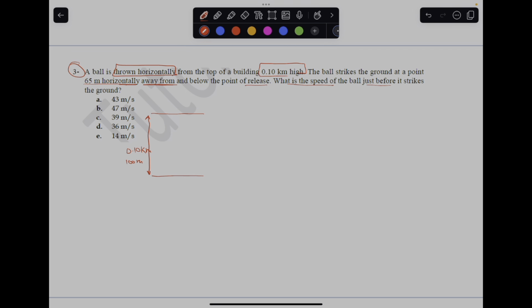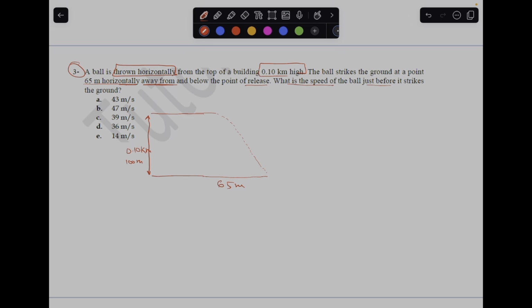The ball is thrown horizontally from that height, and it falls like this, landing 65 meters away horizontally.